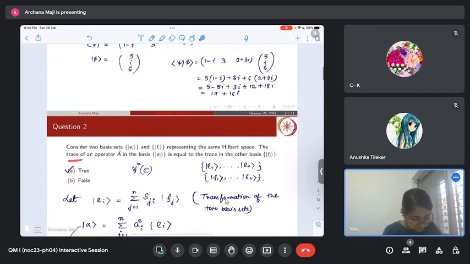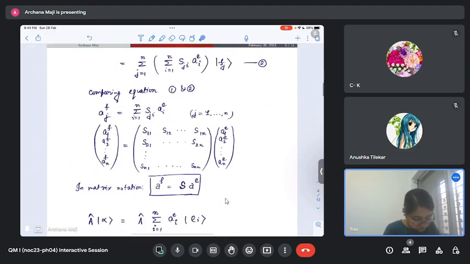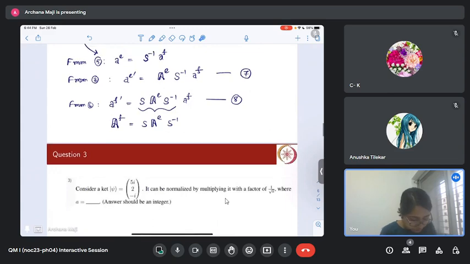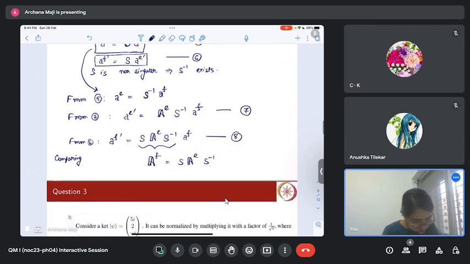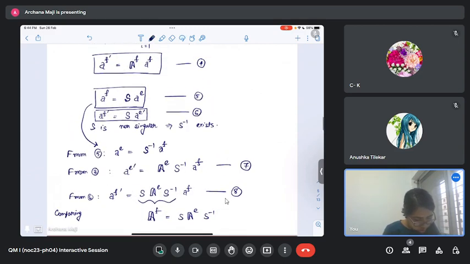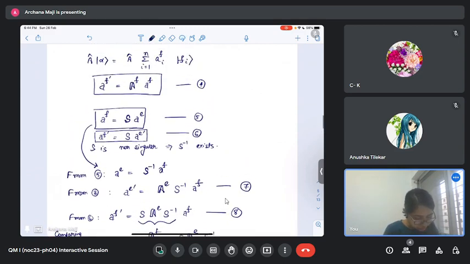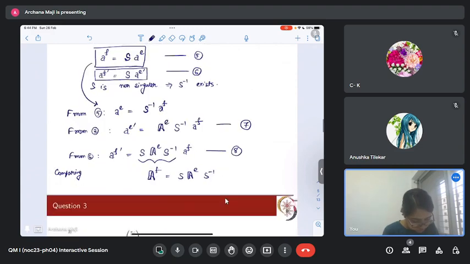So the question is saying, the trace of that operator A, how is it related to the trace of that same operator in these two bases. So we now have this. So this is comparing 4 and 8. Okay.